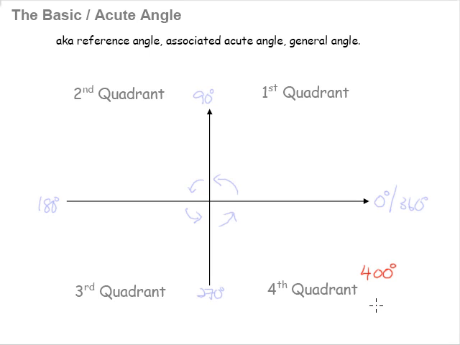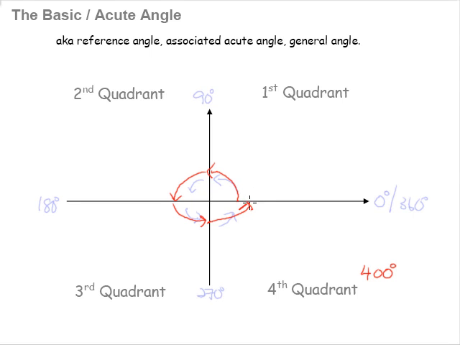Let's examine this 400 degrees. Just where exactly is that? We start from the positive x-axis, move 90 degrees, then 180 degrees, up to 270 degrees, and then we're back to square one at 360 degrees.